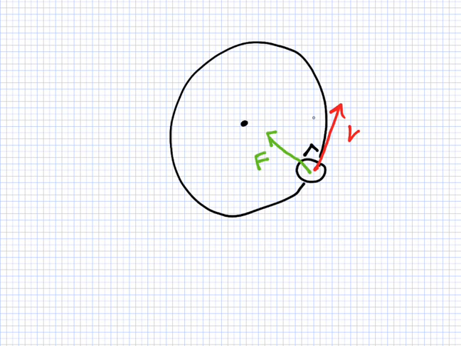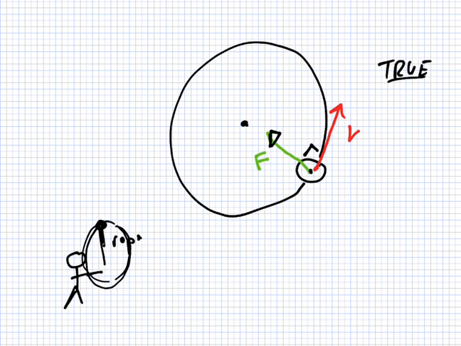If something is moving in a circle, this must be true. If something is going around in a circle at constant speed, it must be because the force is going towards the center. The best way to think about this is a child with a rope, swinging the rope around.